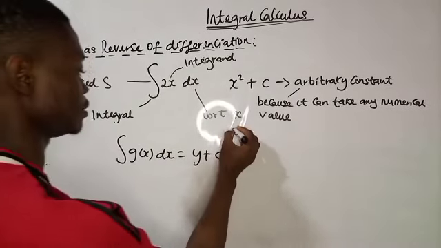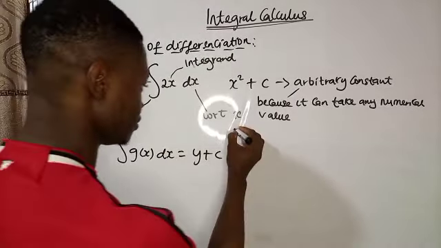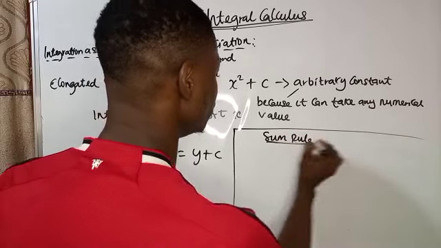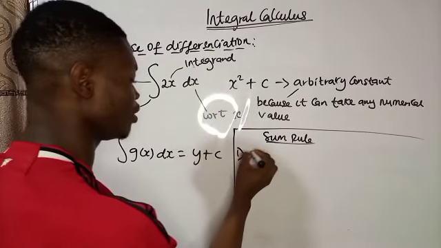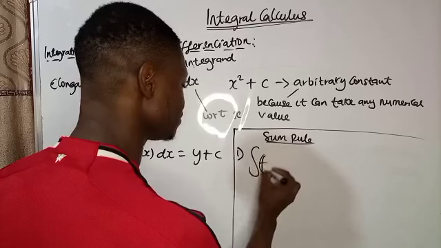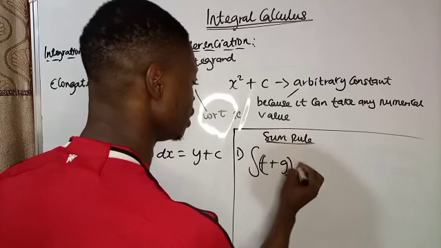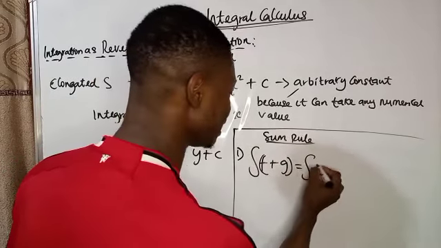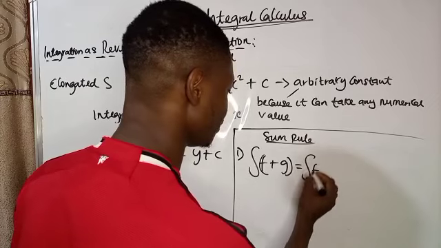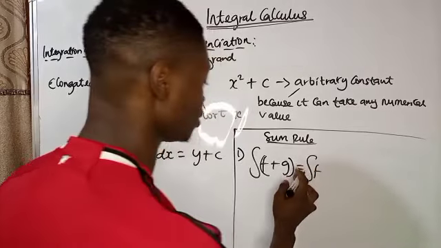The first rule is the sum rule. The sum rule tells us that if you have the integral of f plus g, that is equal to the integral of f, remember that this is dx.